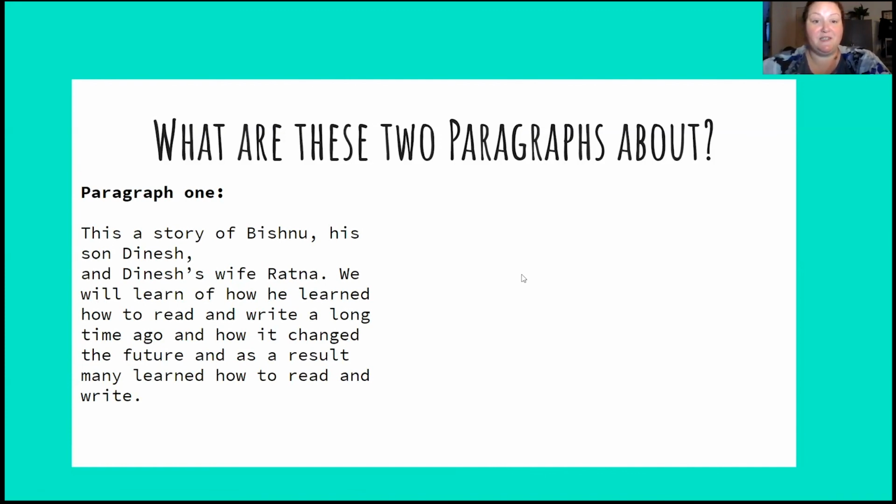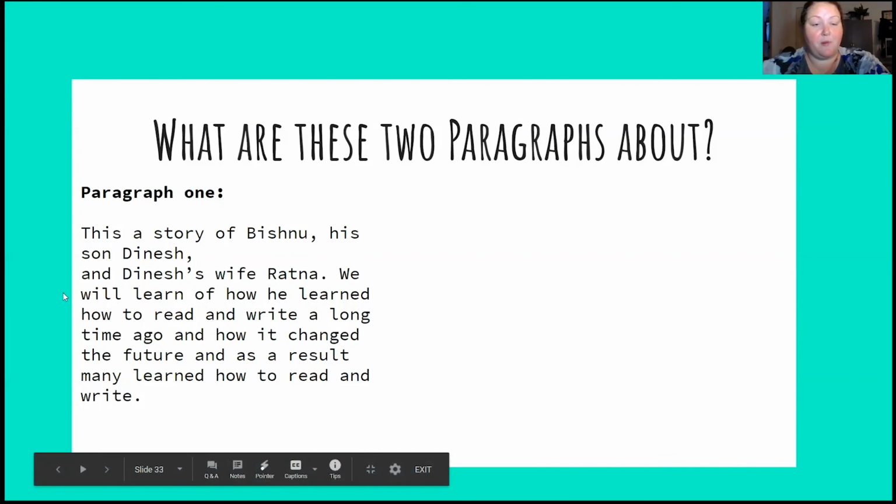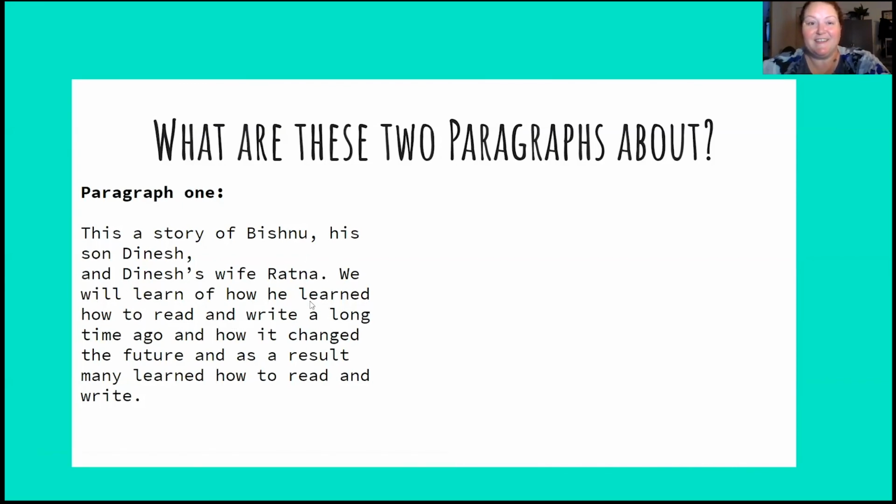This is a story of Bishnu, his son Dinesh, and Dinesh's wife Ratna. We will learn of how he learned how to read and write a long time ago and how it changed the future as a result of many learning how to read and write. Now it's kind of like a run-on sentence, so I could probably do a better job of shortening it down, but that's what I got so far. This is all rough draft stuff, so whatever you got, I'm sure sounds great.